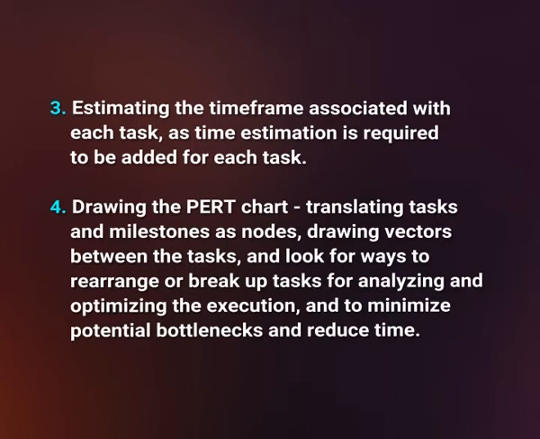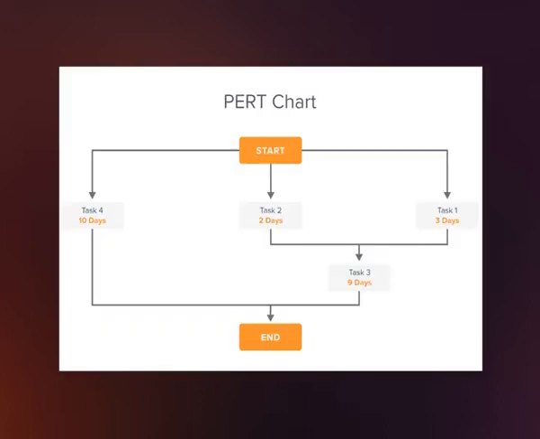Number 4, drawing the PERT chart, translating tasks and milestones as nodes, drawing vectors between the tasks, and looking for ways to rearrange or break up tasks for analyzing and optimizing the execution and to minimize potential bottlenecks and reduce time. An example of a PERT chart is shown in the diagram.